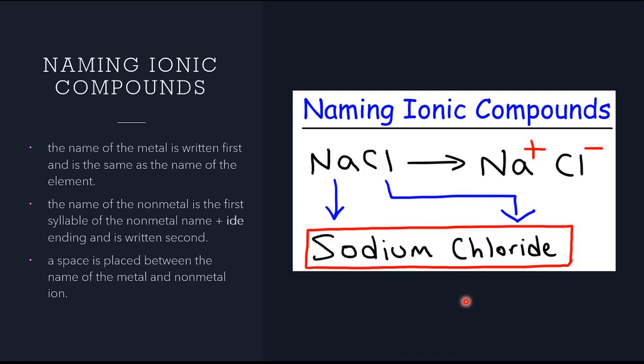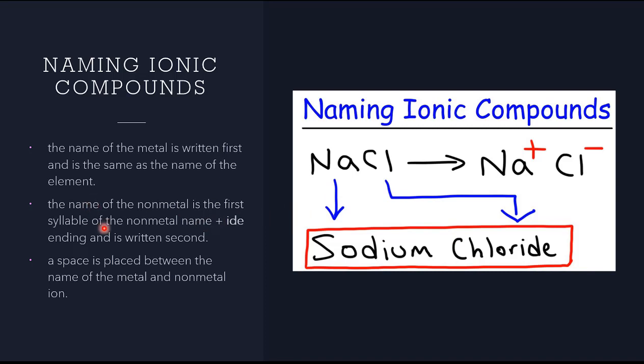Now, when we are naming ionic compounds, the name of the metal is written first and is the same as the name of the element. So, for example, when we're talking about NaCl, we would write sodium because the cation's name is going to be the same as the element's name. Then we write the name of the nonmetal.